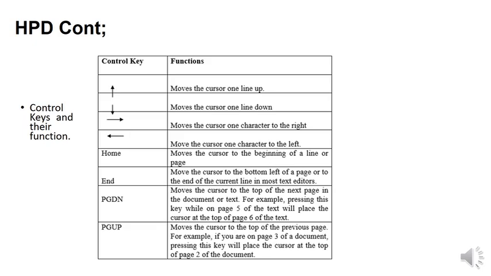Then you have Page Down, which moves the cursor to the top of the next page, and Page Up, which moves the cursor to the top of the previous page. These are very important for you to know how those keys work.